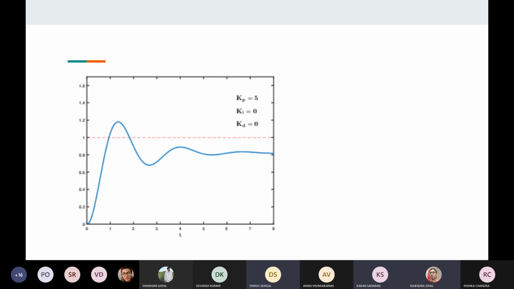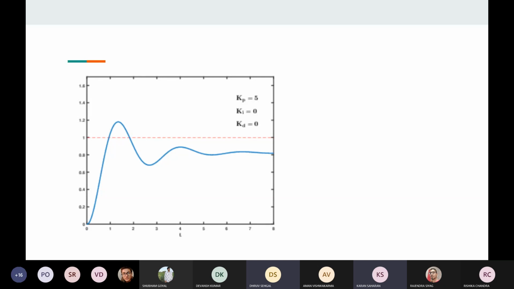The correction will be proportional to the error. That's why it is named proportional controller, right? So the correction would be equal to Kp multiplied by error. So it will be a huge correction, and the graph is quite steep because the correction is quite large. As time moves on, your output signal will increase and the correction will continue to decrease, but it's still positive, so it is still increasing.